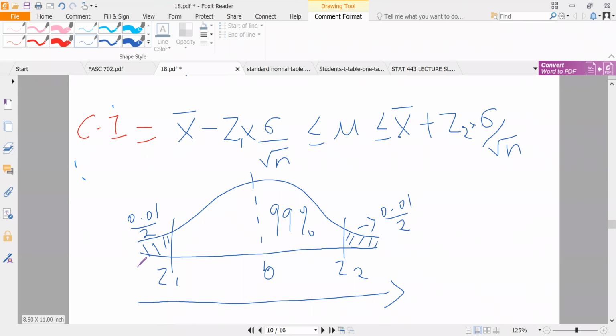So we are accumulating the probabilities up to a point Z1. We are interested in that point Z1 that has probabilities that have accumulated up to 0.01 divided by 2, which is equivalent to 0.005.